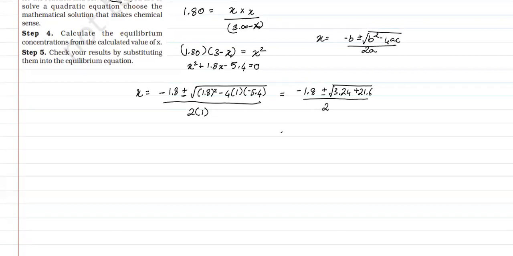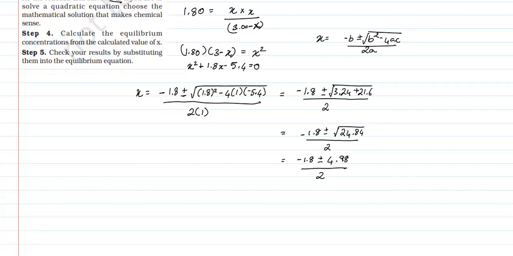When you simplify this, you get minus 1.8 plus or minus root over 24.84 divided by 2. Now, root over 24.84, I'm pretty sure you know how to get the square root out. So minus 1.8 plus or minus 4.98 divided by 2.